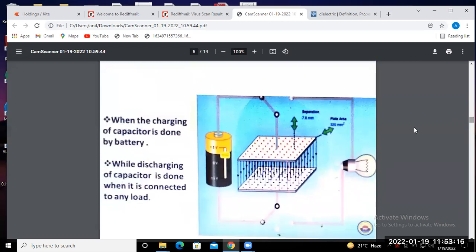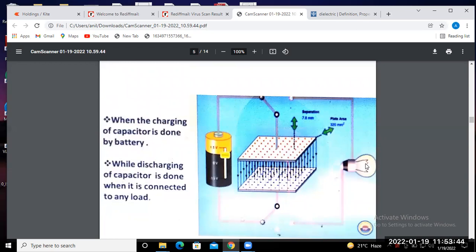So this is the use of the capacitor when it is charged through a battery. When this capacitor is charged, you may connect any load, such as a light connected here, and use the capacitor to supply electric current. Whatever charge you have stored in this capacitor can be used to supply this bulb.